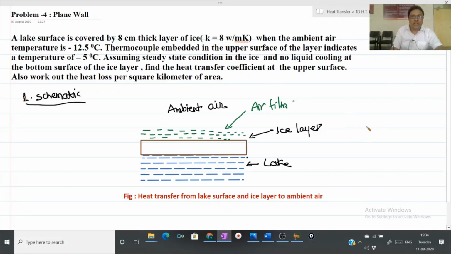Let's say air is having temperature T infinity O and heat transfer coefficient hO, because it has been asked to calculate the convective heat transfer coefficient of the upper surface of air.